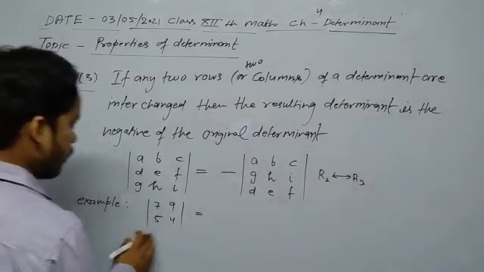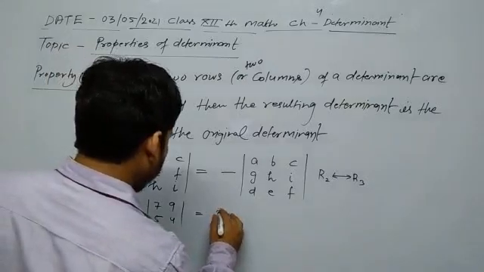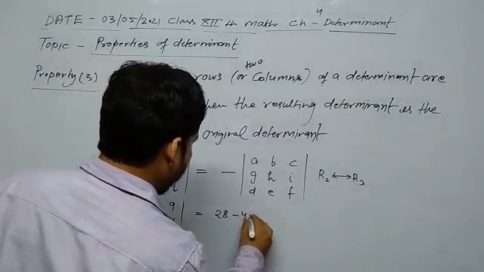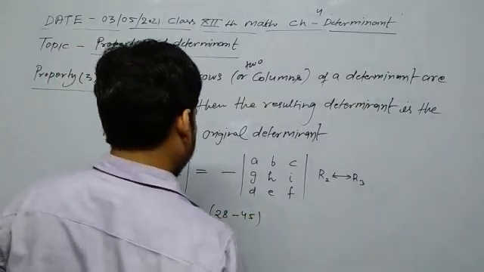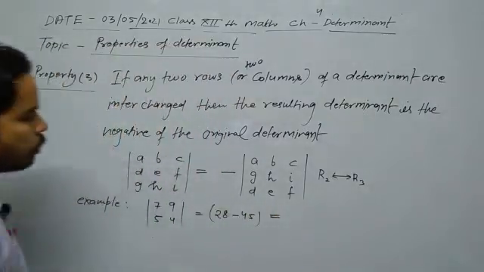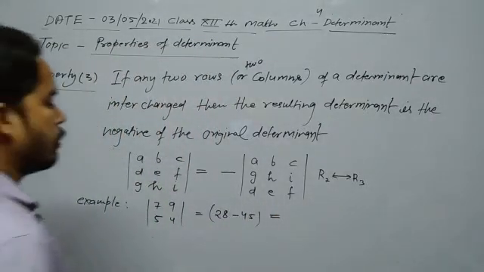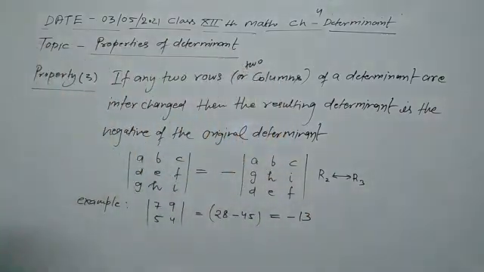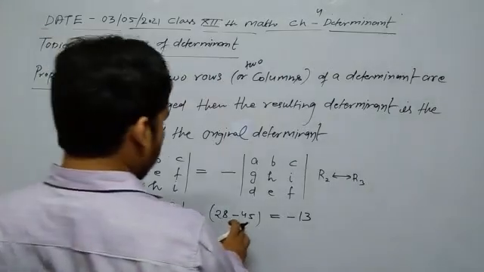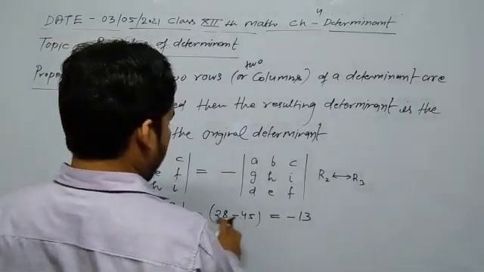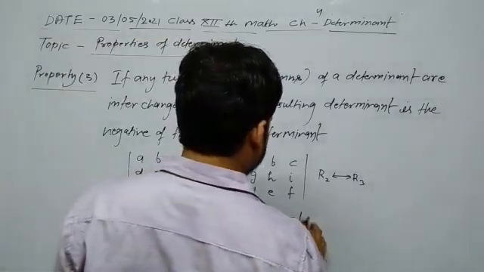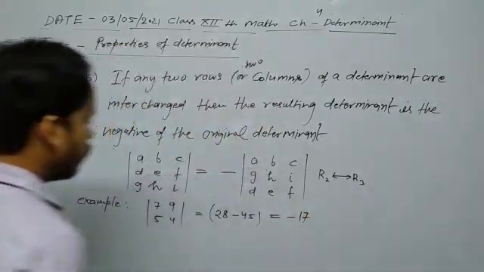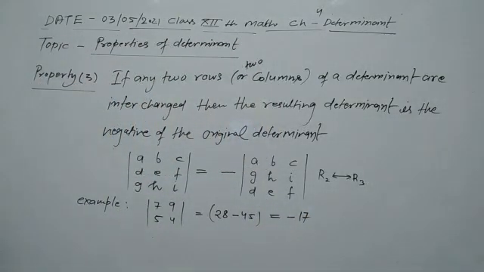Its result is 28 minus 45, that result goes to minus 17.